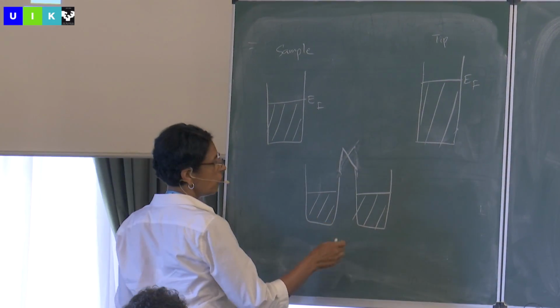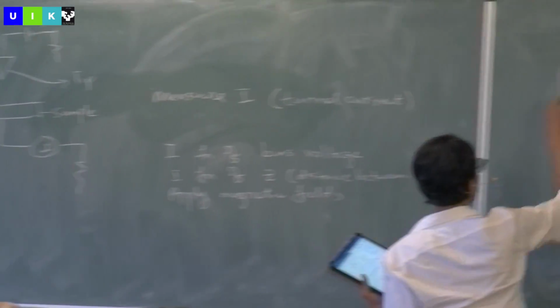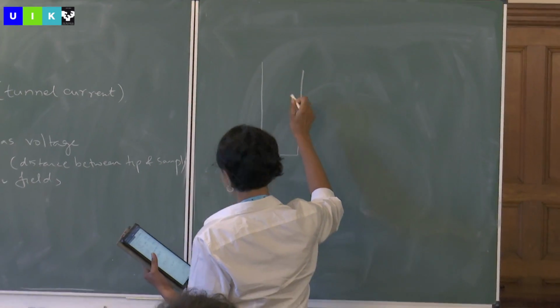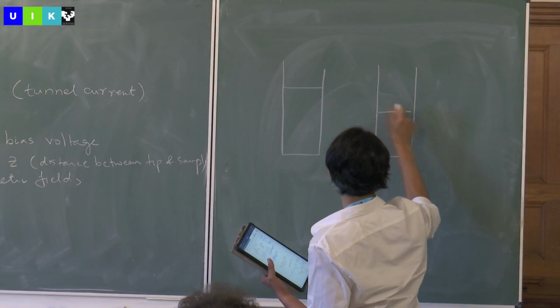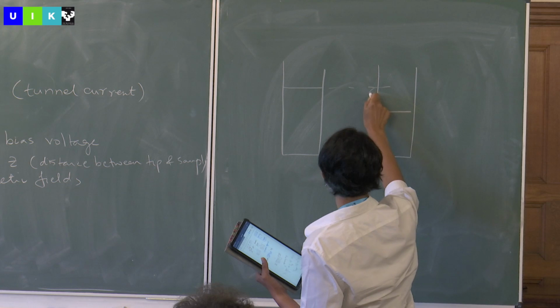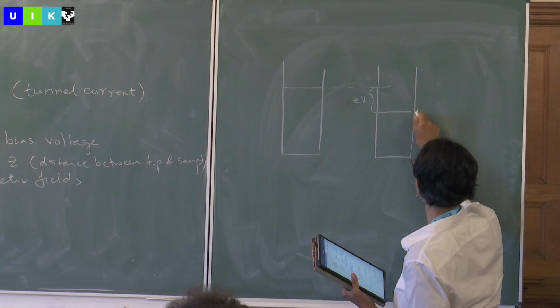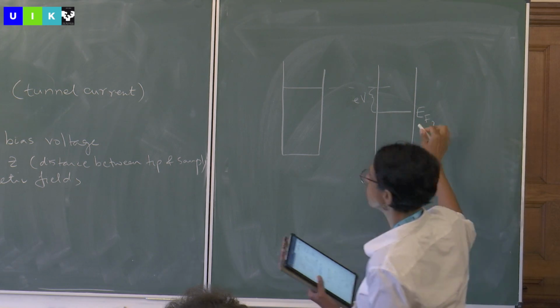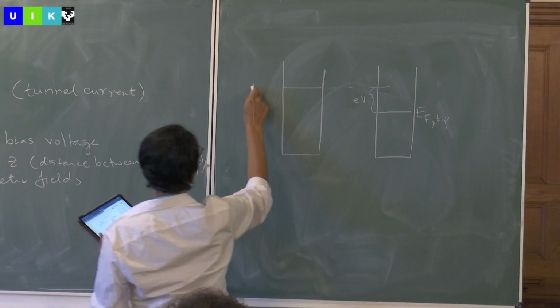And now you can apply a potential difference between the two, and then you move the Fermi energy of one with respect to the other. So this is your potential difference, eV, and here's the Fermi energy of your tip, and here's the Fermi energy of your sample.